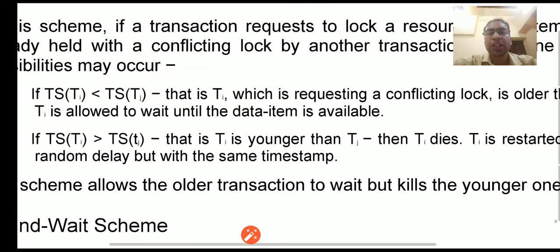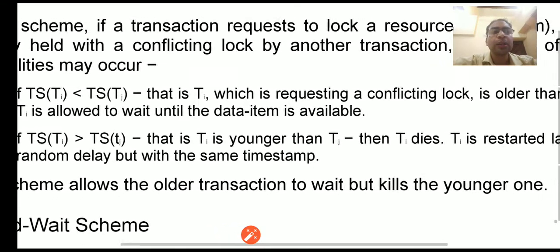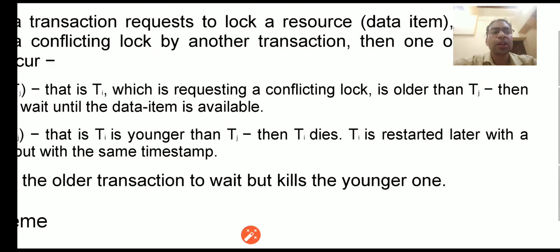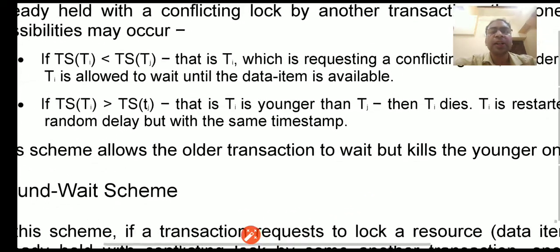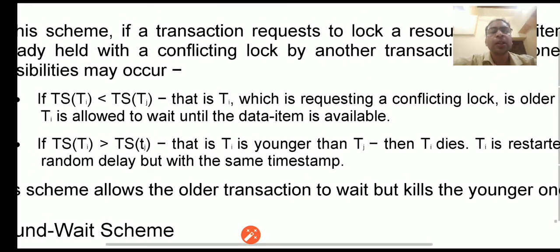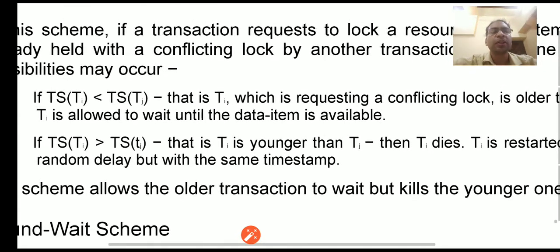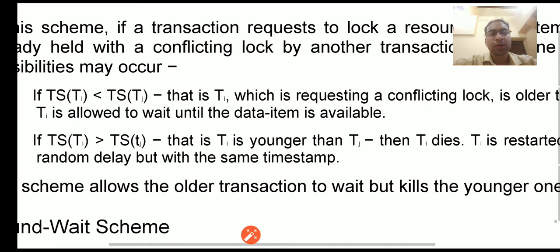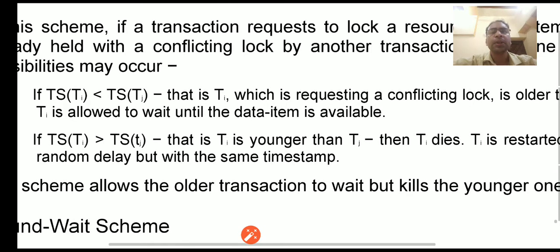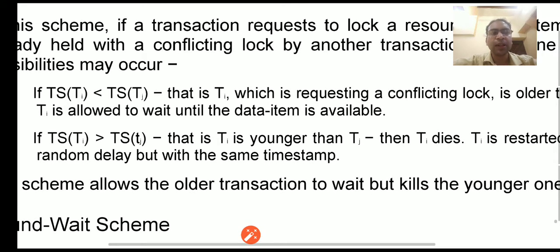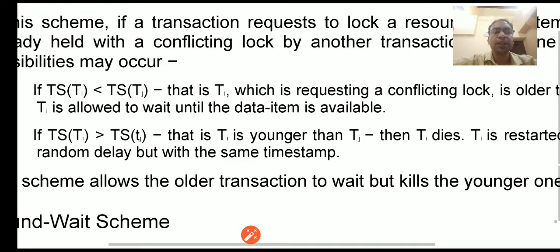The next situation is when it is younger than the other transaction. Then it is restarted later with a random delay but with the same timestamp. So it's not allowed to wait; it is restarted after a delay, and then it starts from the same timestamp.